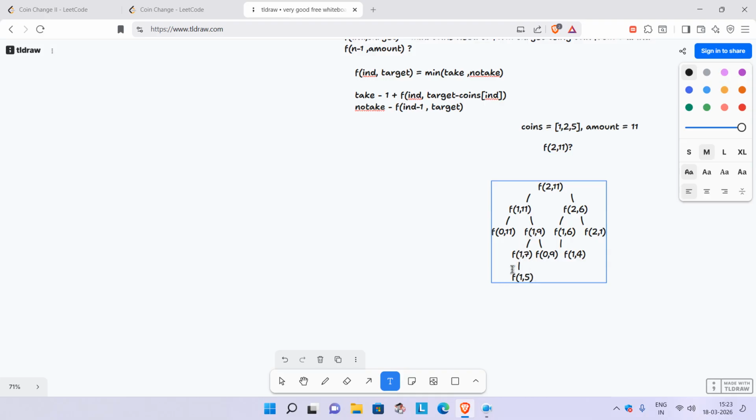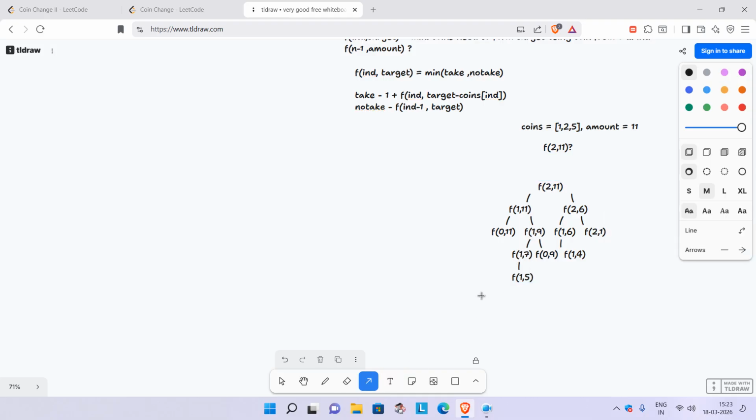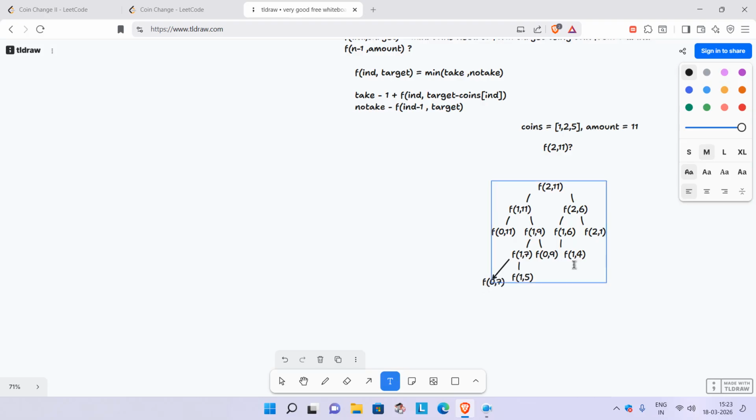Similarly this goes on. It is also possible that we don't have to take this part, so in that case it goes to 0 and the target remains the same, and this tree goes on, but we do not need to make all of it. What we need to see here is this.